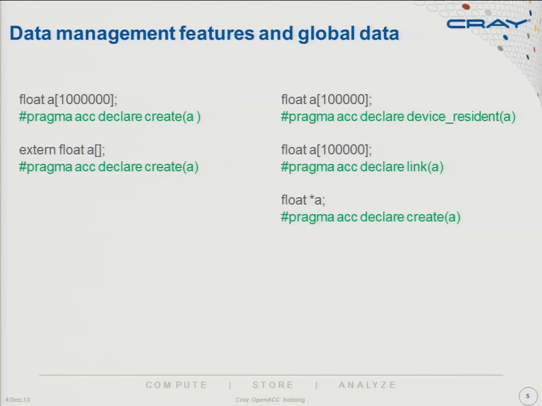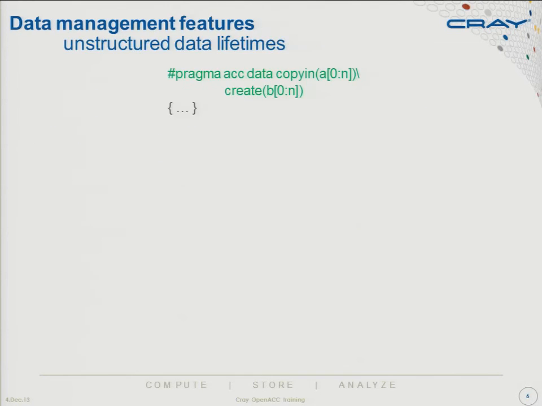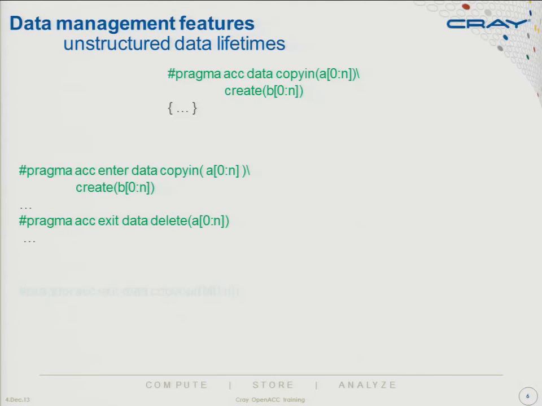So these are some examples of doing that. This is an example of an unstructured data lifetime. Here, I have an enter directive where I put A and B on. I can have separate places where I take A off the device. Here, I don't do any data movement, I just delete it.